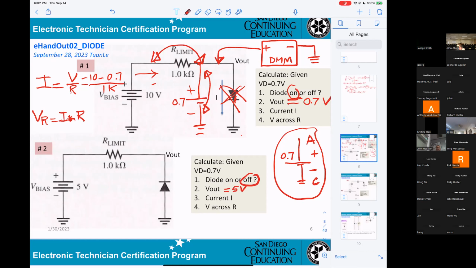And what is the current I? No current flow, 0 amp, because it is an open circuit.